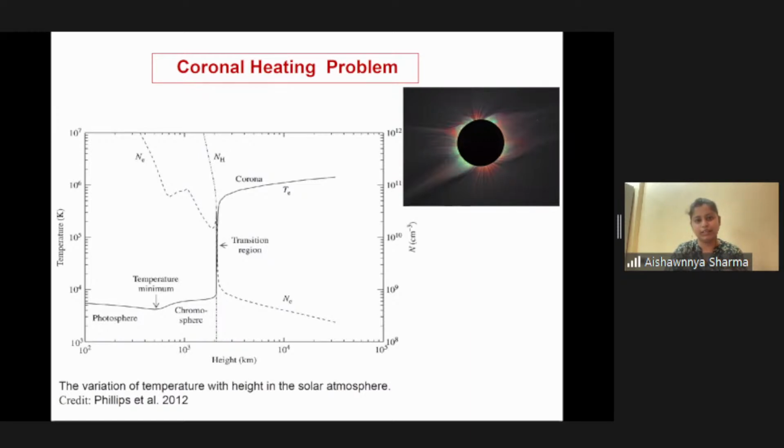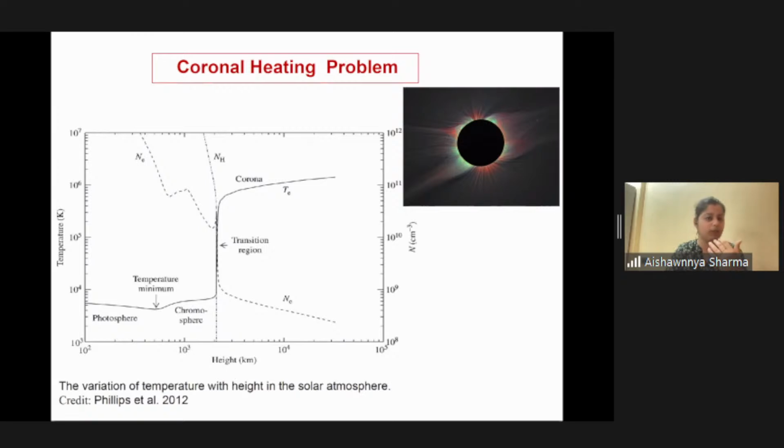Now here is where things happen. Just after 20,000 Kelvin, there is a thin layer of around 100 kilometers in thickness. Here the temperature abruptly rises to around a million Kelvin and reaches the corona, the outer atmosphere of the Sun.